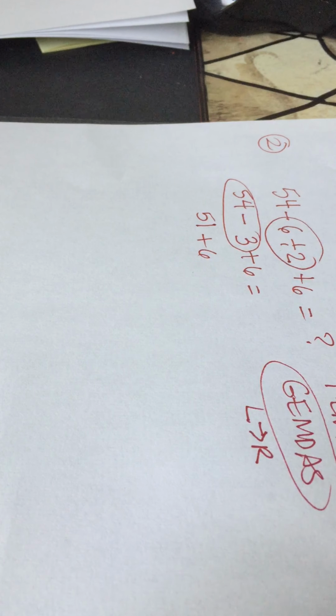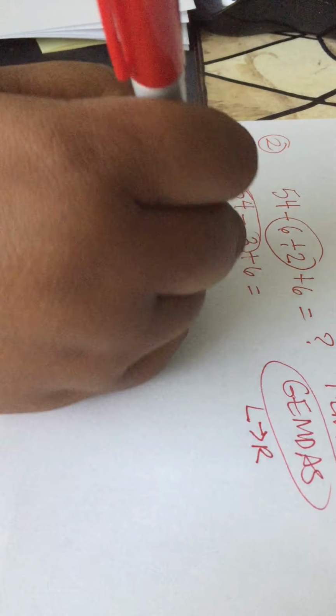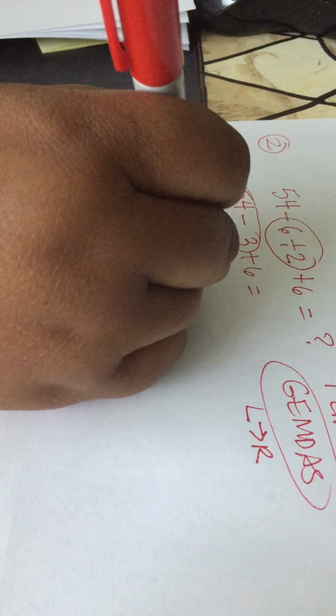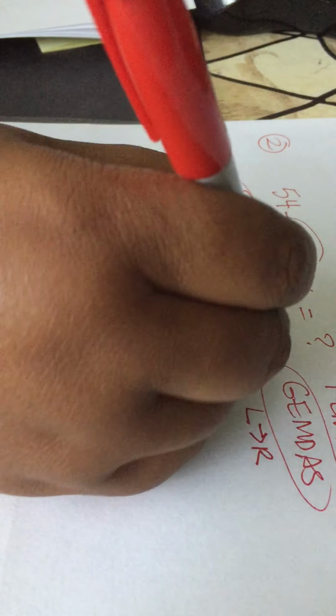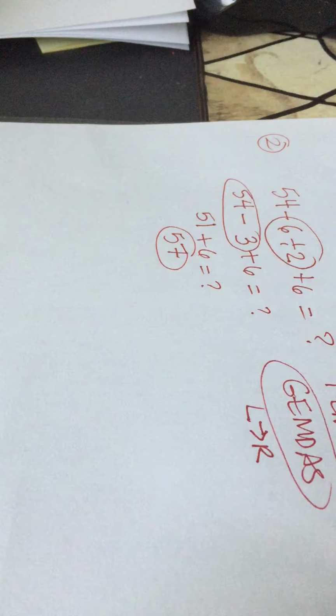Do I have addition and additional subtraction? The answer is yes. And the answer would be 57. So your final answer is 57.